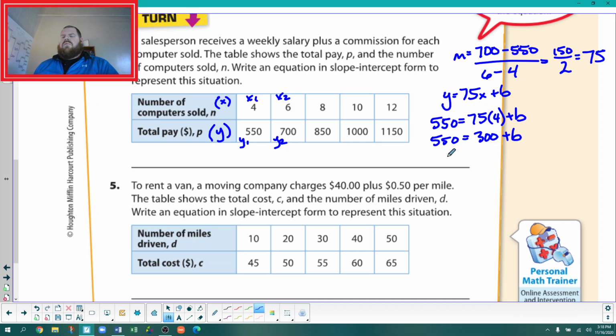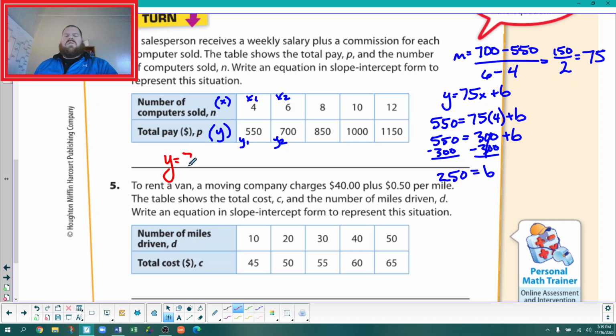If I subtract 300 from both sides, over here they cancel out. Over here it gives me 250. So what that means in terms of the problem is their base salary is $250 and their commission for each computer is $75.